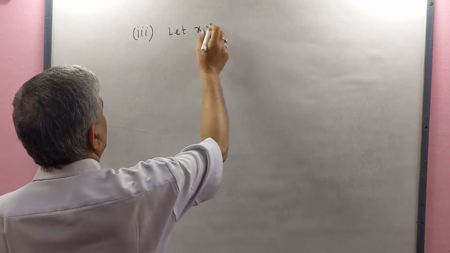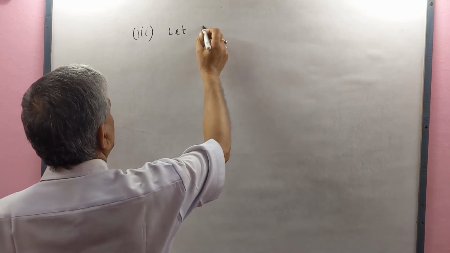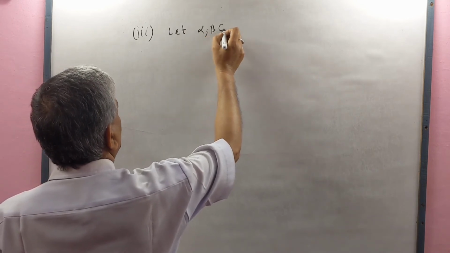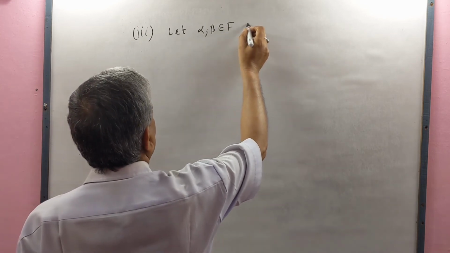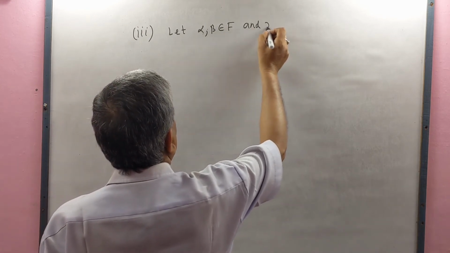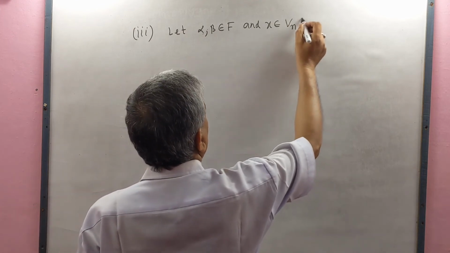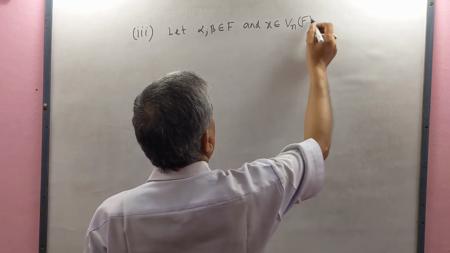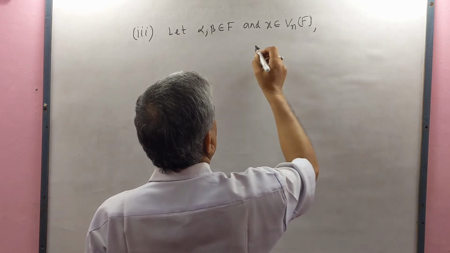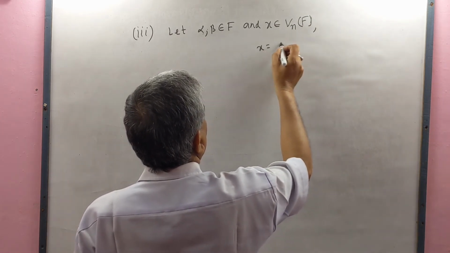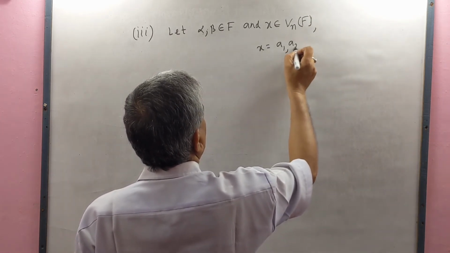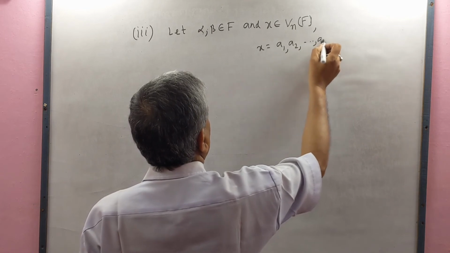Number 3. Let alpha, beta belong to field F and x belongs to VnF, where x equal to (a1, a2, ..., an).